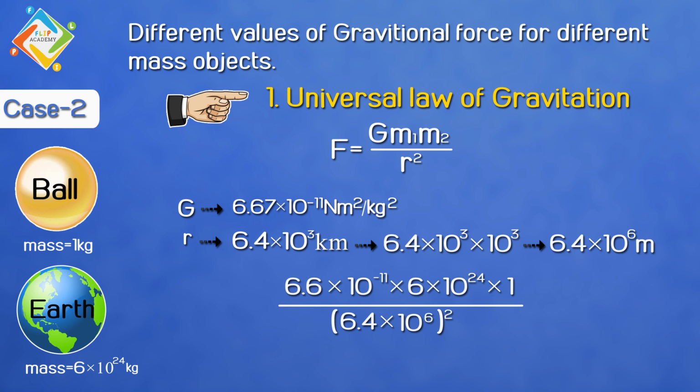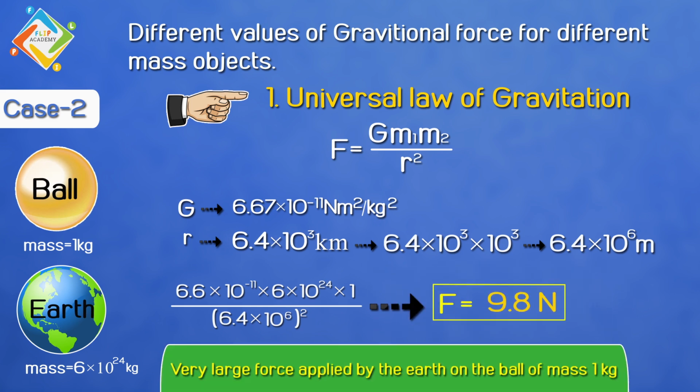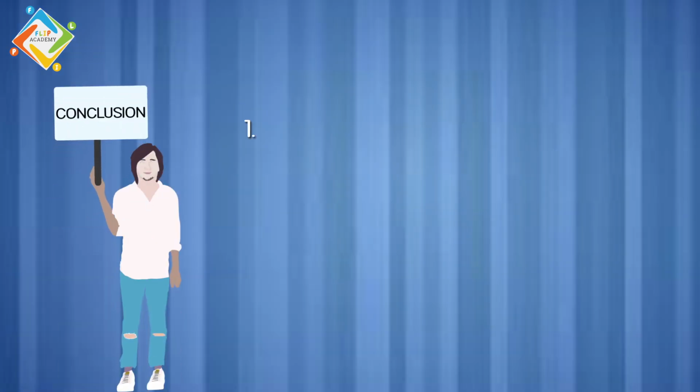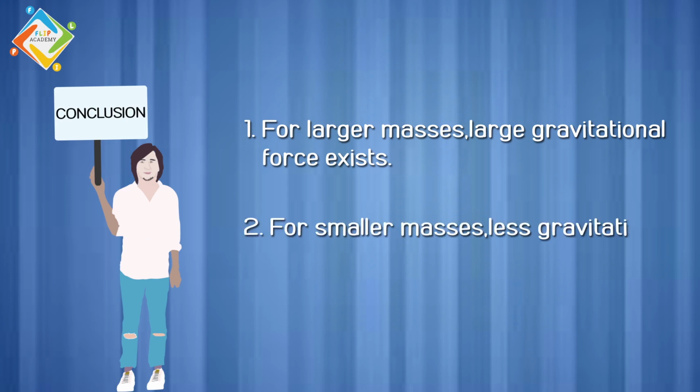On putting in the values, rearranging and solving numerically, you get F equals 9.8 Newton, which is a very large force applied by the earth on the ball of mass 1 kg. Now let's draw the conclusion. The first is that for larger masses, a large gravitational force exists. The second is that for smaller masses, less gravitational force exists.